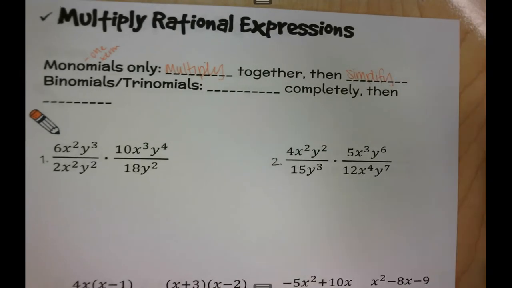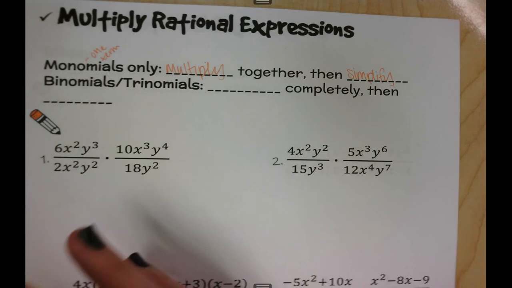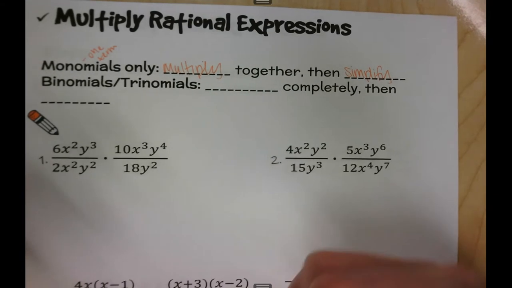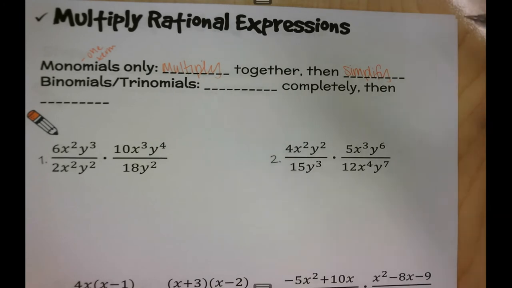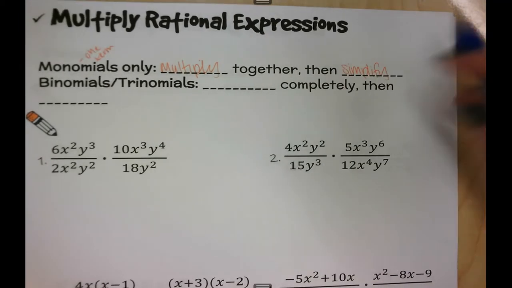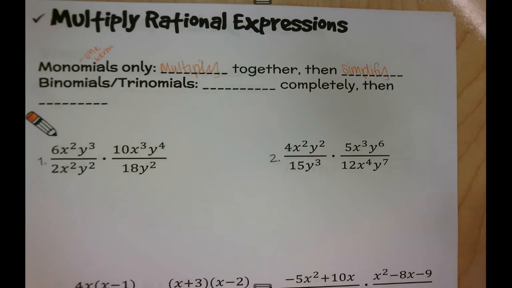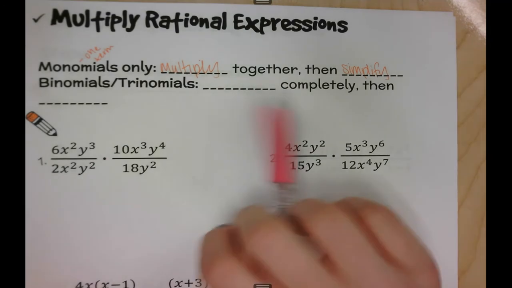If you would prefer, you can simplify each rational expression, multiply them, and then simplify again. It's up to you. So that's going to be number 1 and 2. So let's go ahead and look at those actually. Multiply them together and then simplify.